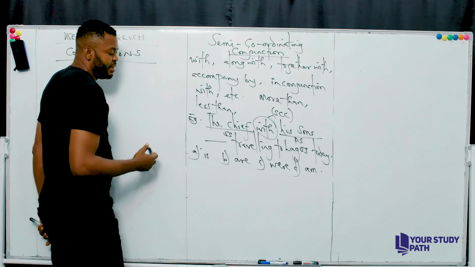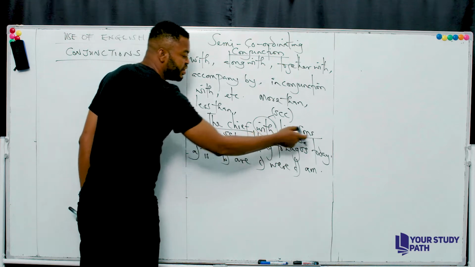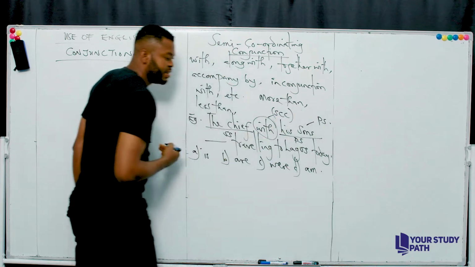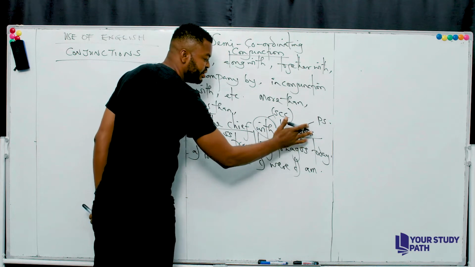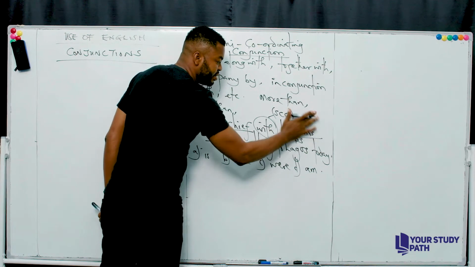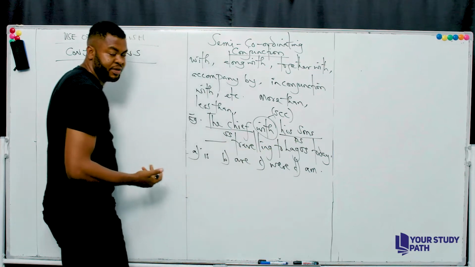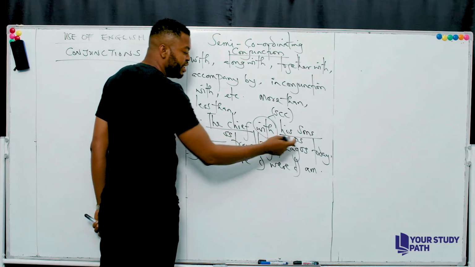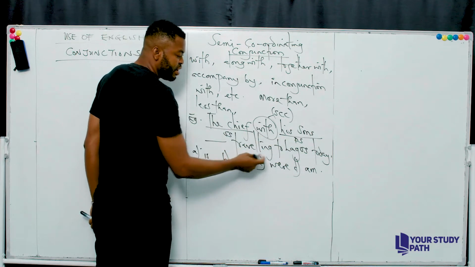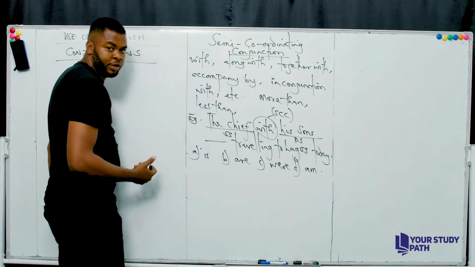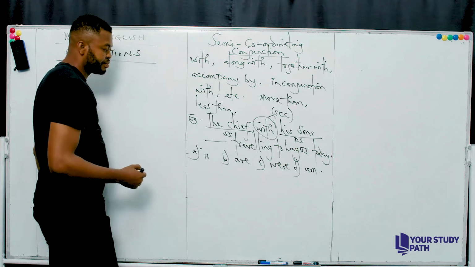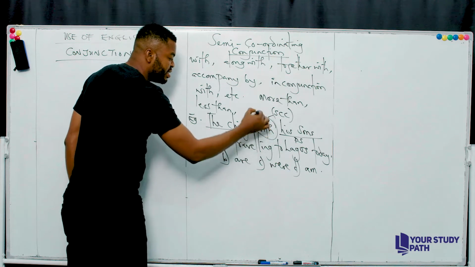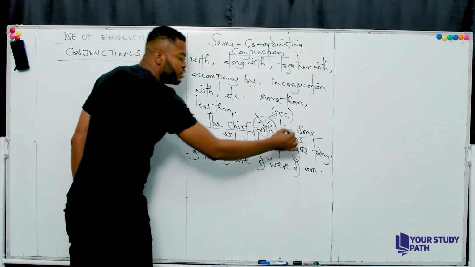Now, here we have the chief with his sons. What is his sons? That's a plural subject. Can you see that now? You can see I've already written it below. So if you compare this, the chief with his sons dash traveling to Lagos today. What do you mean by that? It means that you can also ignore the semi-coordinating conjunction and ignore the second subject.